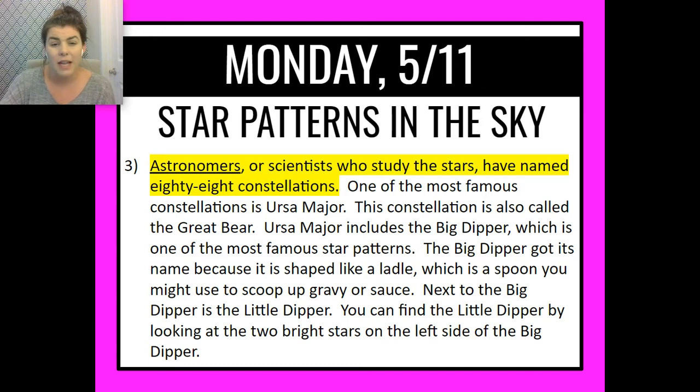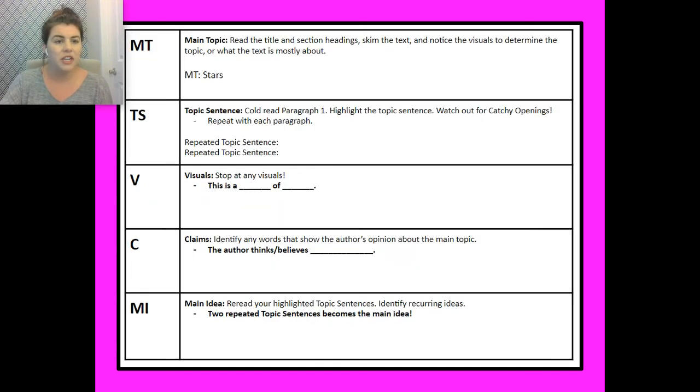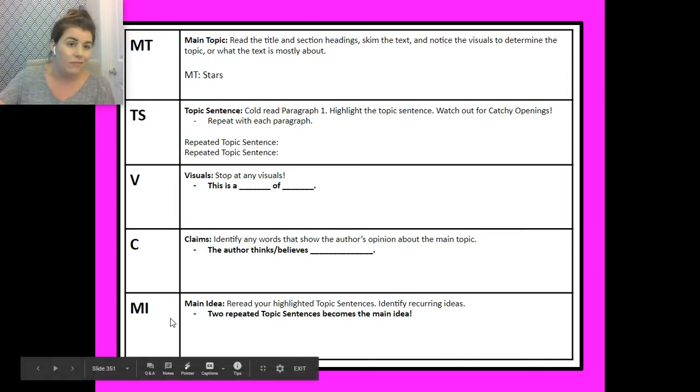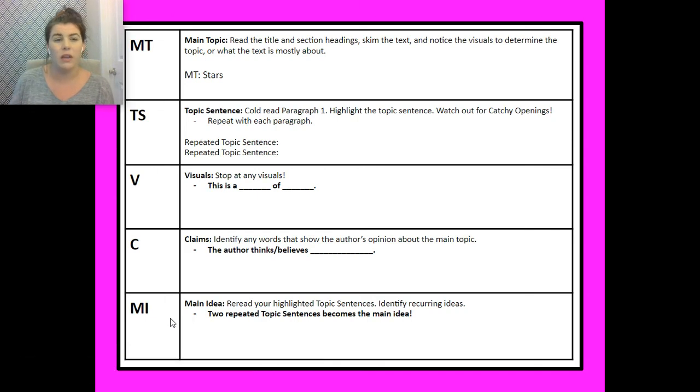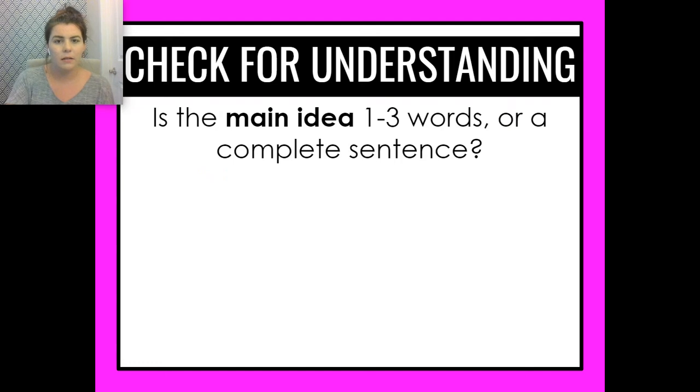All of these other sentences, Ursa Major, Big Dipper, Little Dipper, are supporting the idea that astronomers have named them. So I know that this is going to be the topic sentence here. Nothing has changed about my main topic. I don't fill in my topic sentence box yet. No visuals, no claims, and I can't do my main idea yet. So I'm continuing to just read through and looking for those topic sentences.